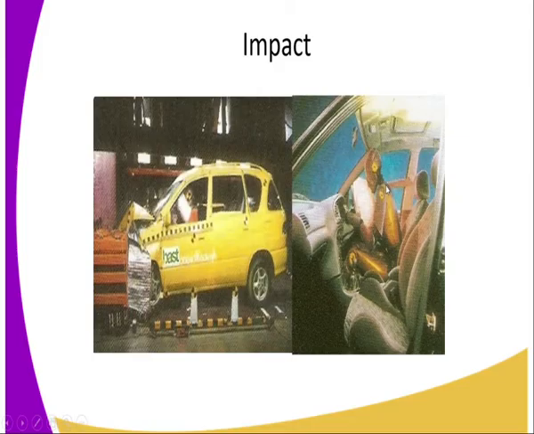That's why it is very important for a passenger or a driver to ensure that he or she is always wearing the safety belt, because it helps to minimize impact and therefore safeguarding the passenger.